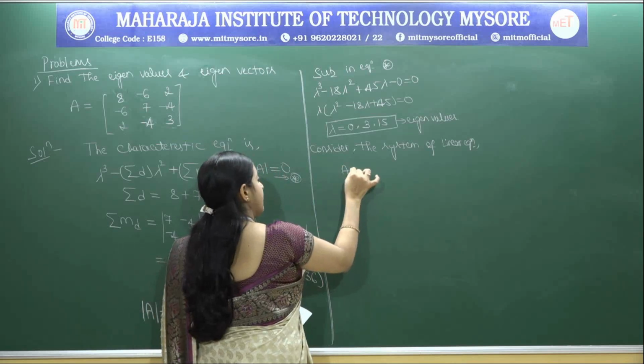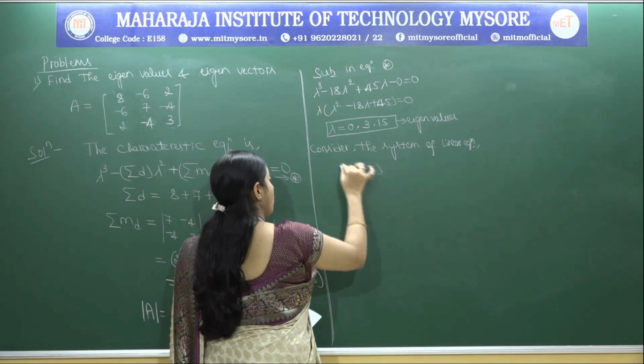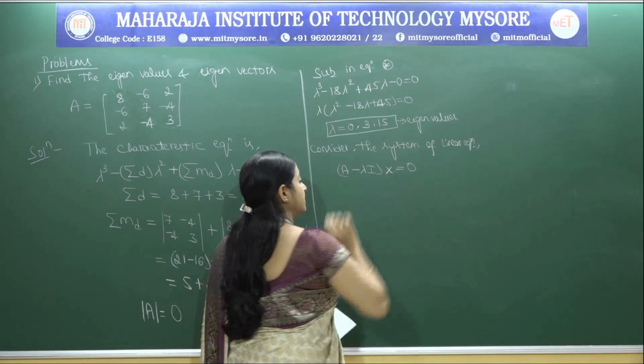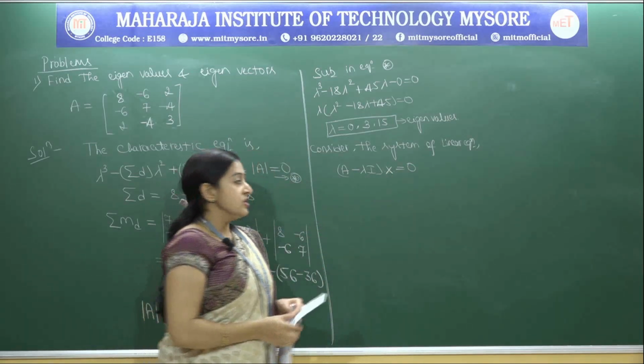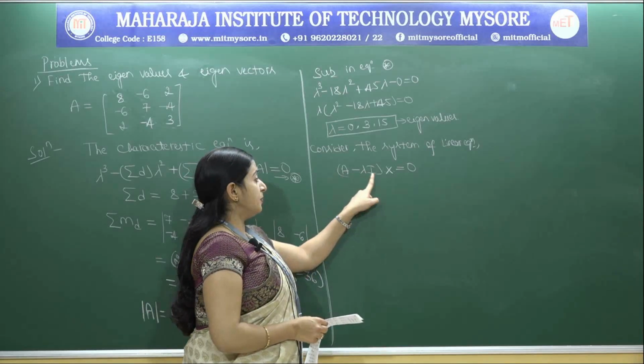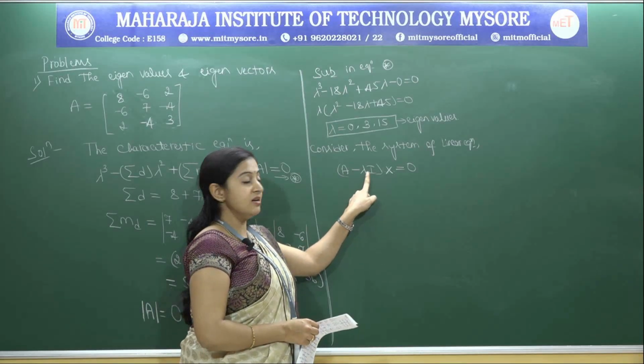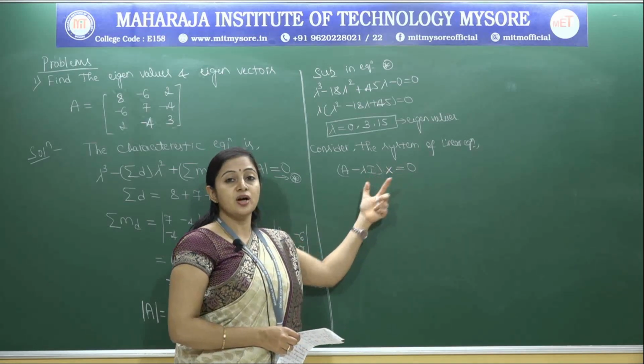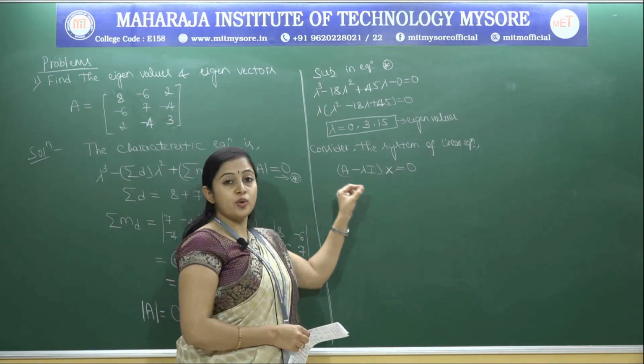That is (A minus lambda I) x equals 0. So consider the matrix A, take the subtraction of lambda, a scalar, times the identity matrix, multiplied by x, where you have the 3 variables x, y and z.